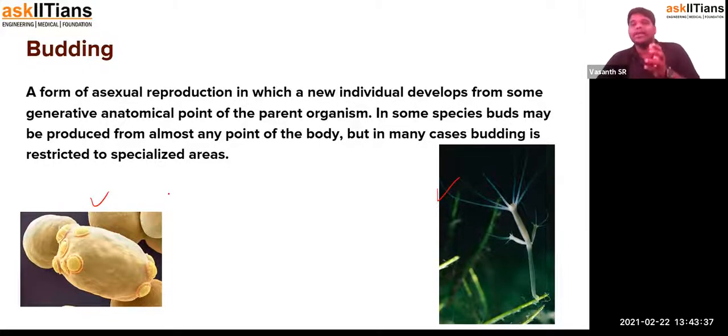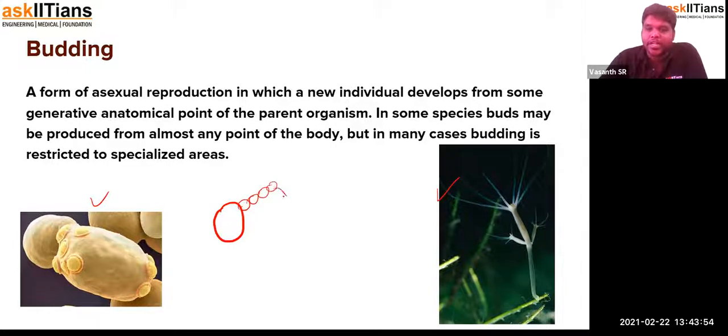So what is budding? Budding is similar to binary fission, but the parent survives, and the new individual formed develops and then gets released as a new individual.